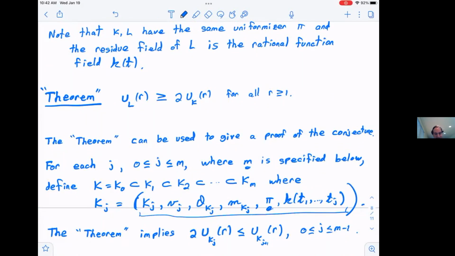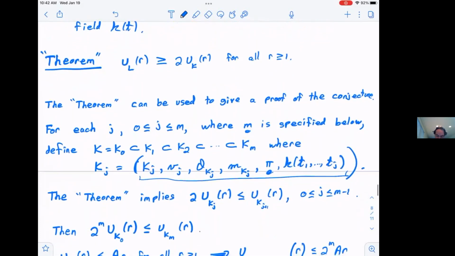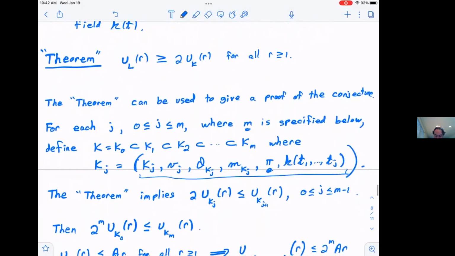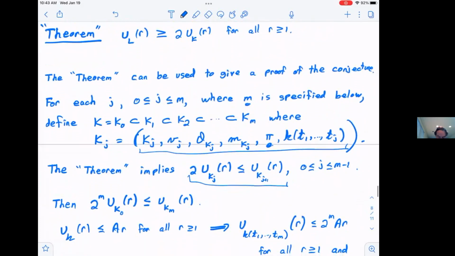These are variables. So I'm applying my lemma m times. By the theorem in quotation marks, I have this relation between my U invariants for systems of quadratic forms. And if you put it together, you get this right here.